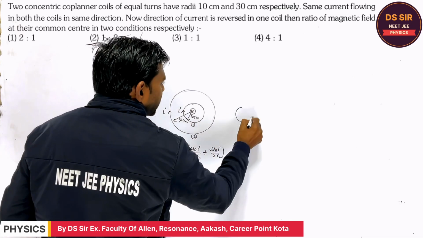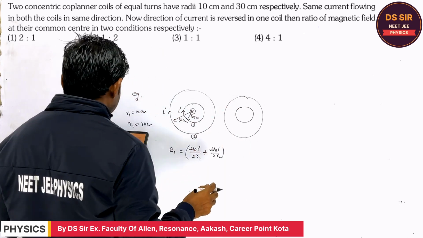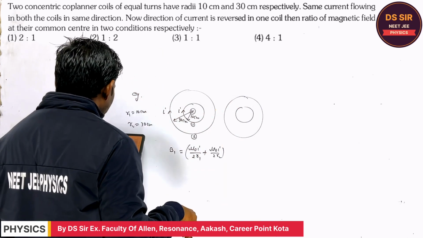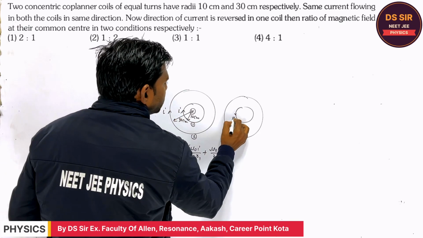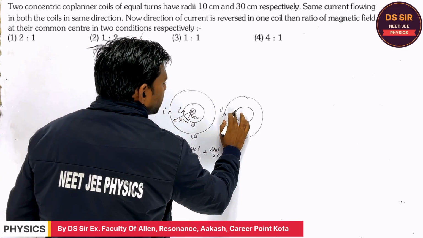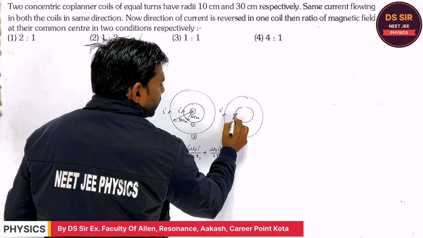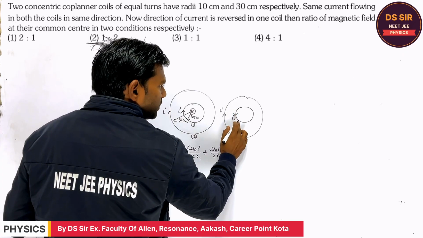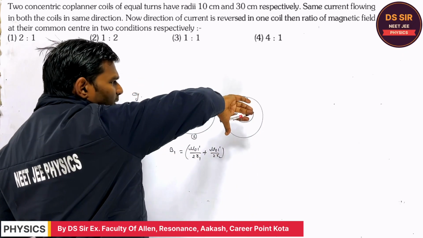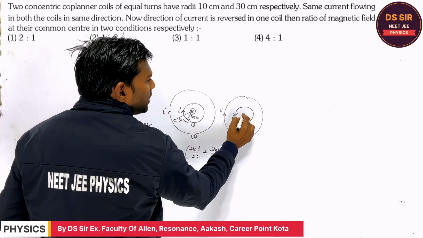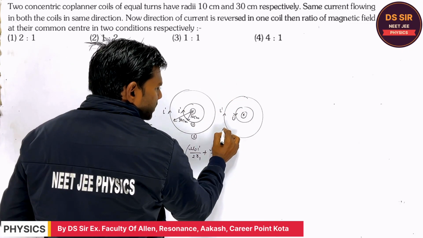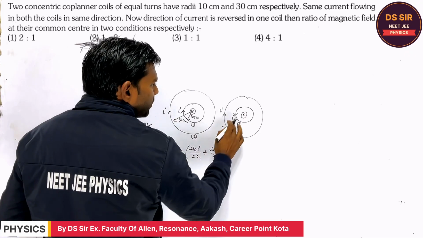But in the second figure, now the direction of current is reversed in one coil. Suppose this coil is reversed, right? If the current in this coil is reversed, the magnetic field will be out, and because of this the magnetic field will be in. This is the second coil, this is the one coil.